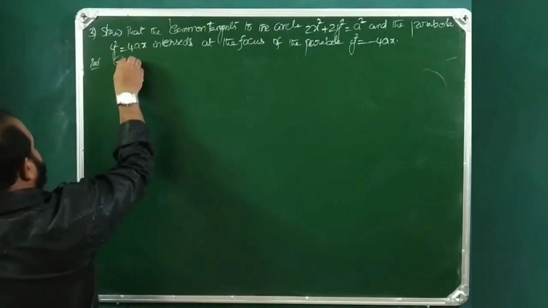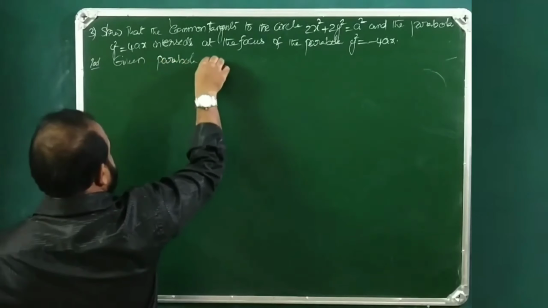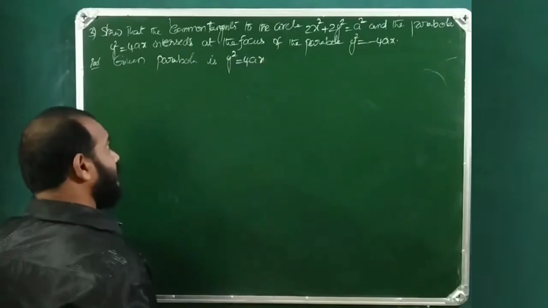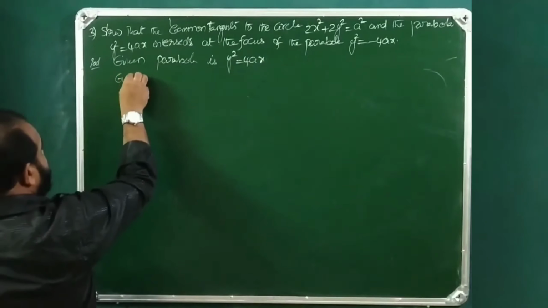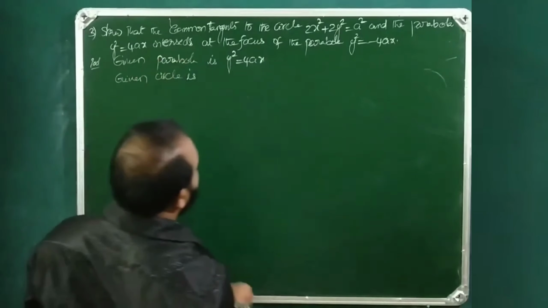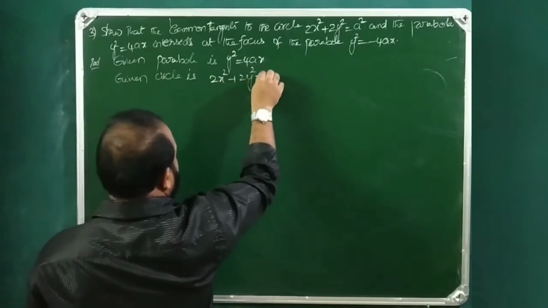Given parabola is y square equals 4ax. Given circle is 2x square plus 2y square equals a square.